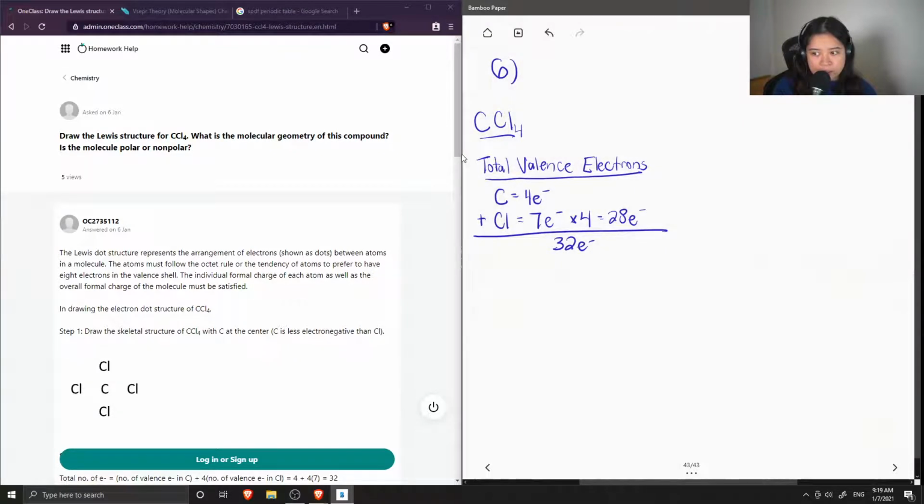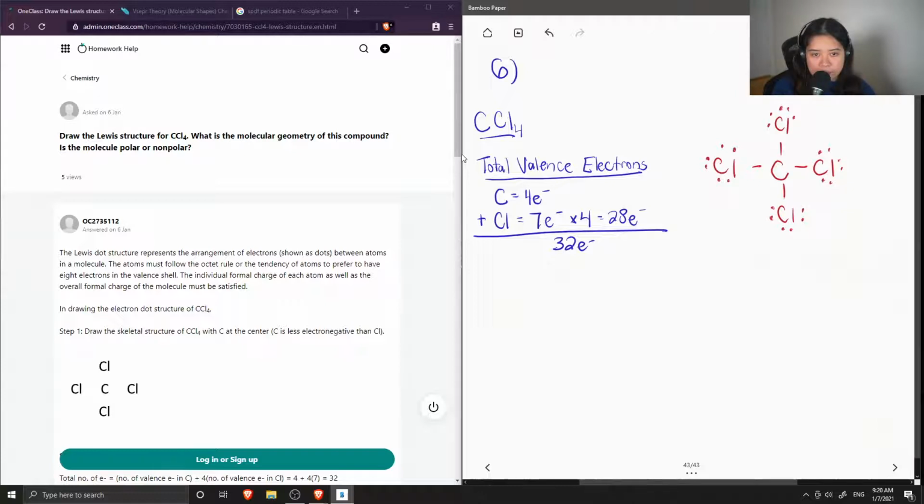Okay, so now my central atom is carbon, and I'm just going to draw the 4 bonds to chlorine. So now I'll just draw in all of the lone pairs on chlorine. And then from there, I like to count out how many electrons I've drawn so far.